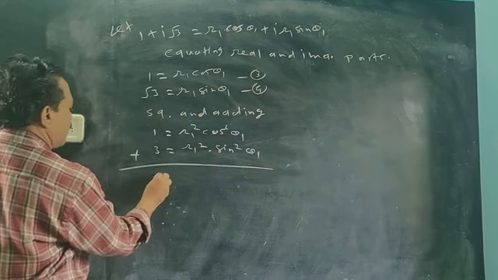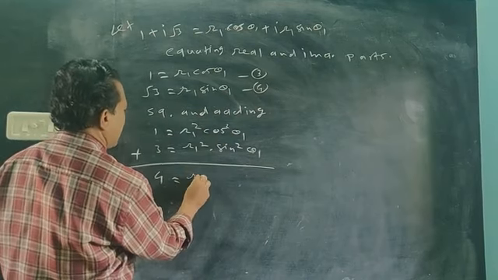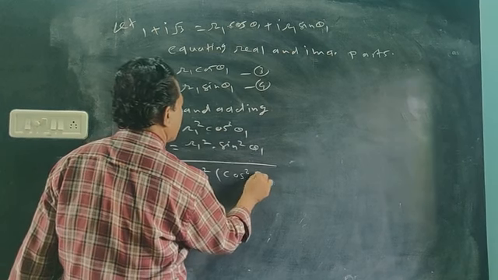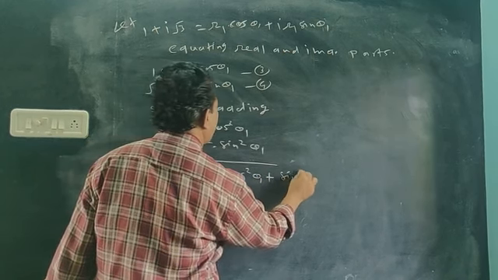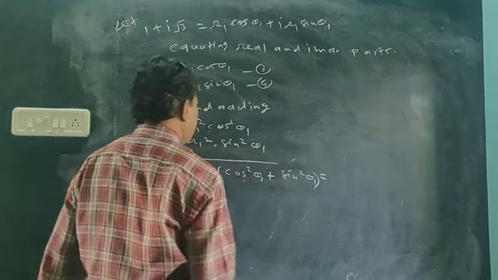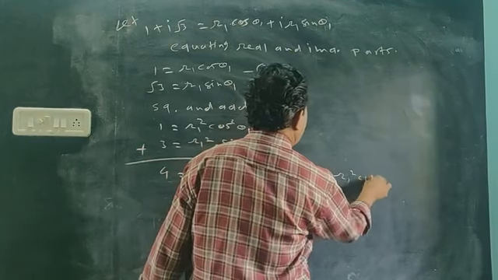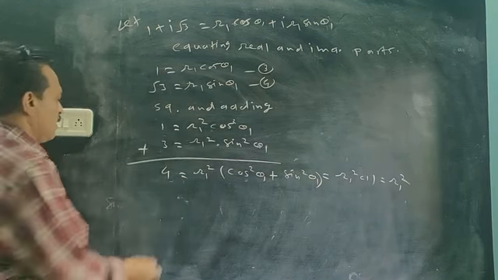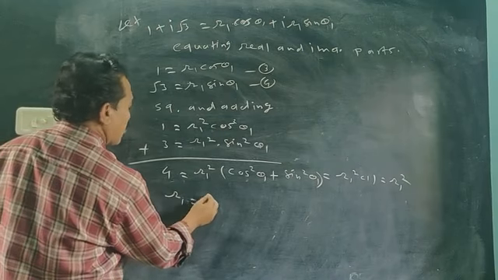So 1 plus 3 is 4, right side r1 square common, addition cos square theta 1 plus sin square theta 1, that is 1. So r1 square into 1, that is r1 square. So r1 square is 4, therefore r1 is 2.